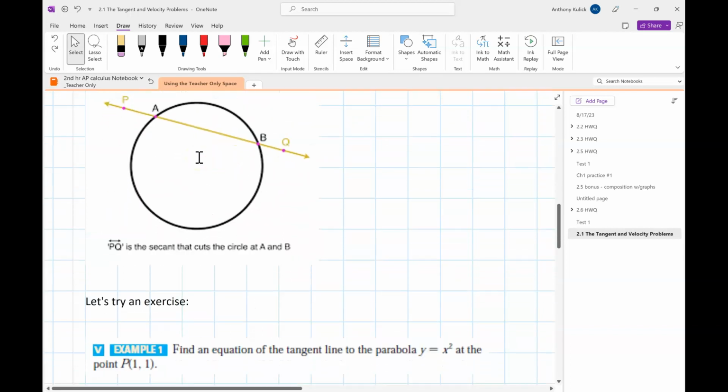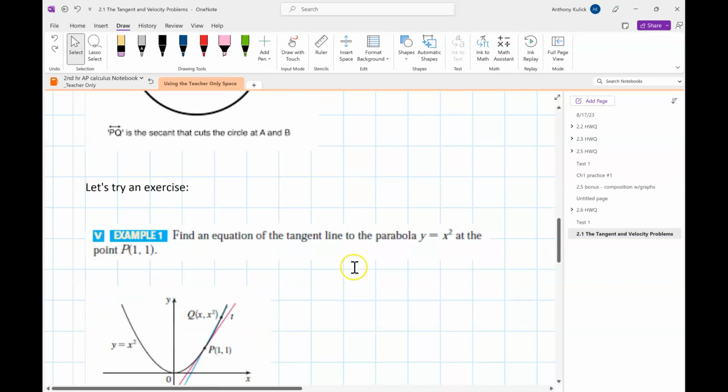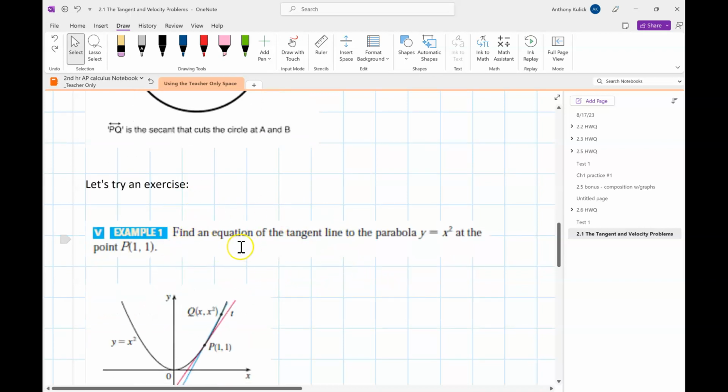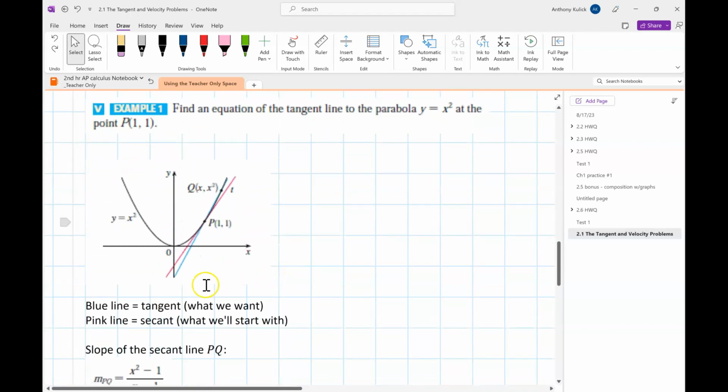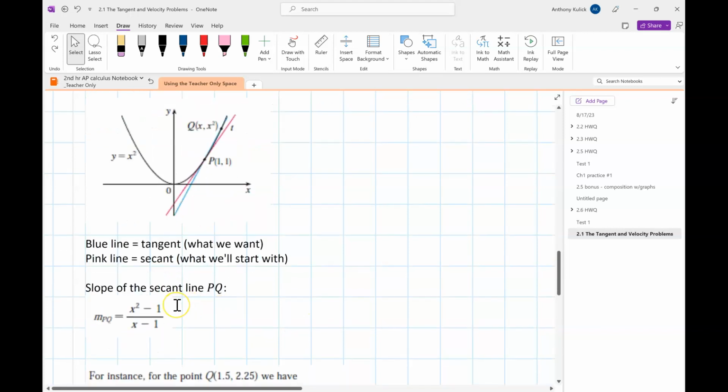Let's do this with a specific example. Say we're looking to find the equation of a tangent line to the parabola y equals x squared at the point (1, 1). Here's my picture. The blue line is our tangent line, that's what we want. And our pink line is the secant line, that's what we're going to start with.